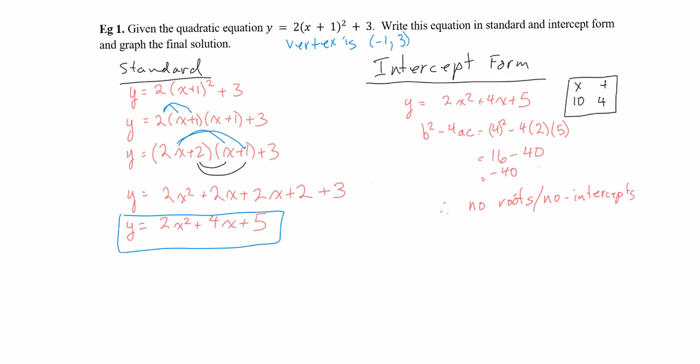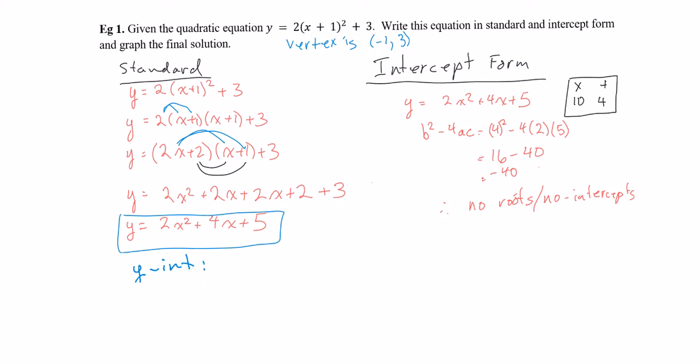And for this graph under the standard form, we can easily find the y-intercept, and we find that the y-intercept is 5. So remember, we said yesterday that all we had to do was read this last number to interpret what our intercept would be. Now, if we had found a factored form for this equation, then we would have had to say the x-intercept is this and something else.